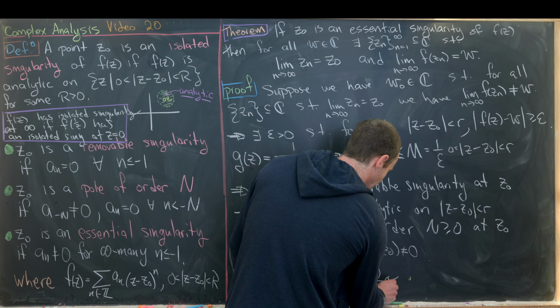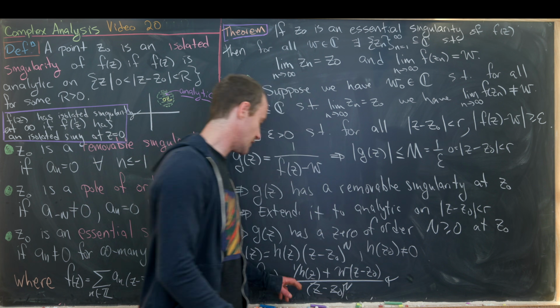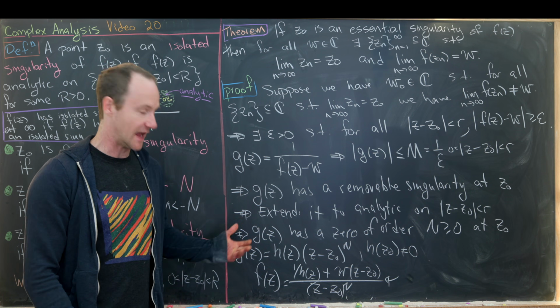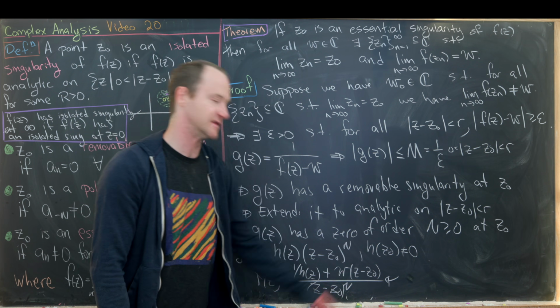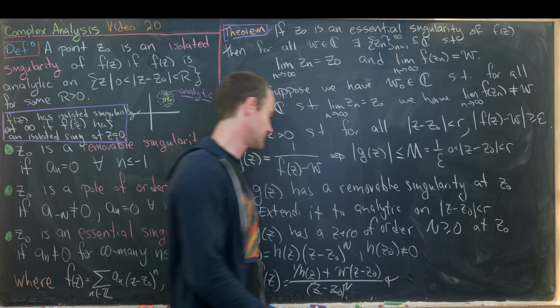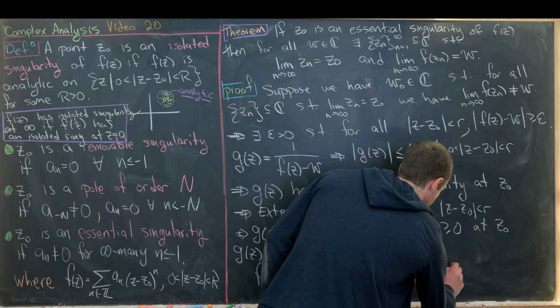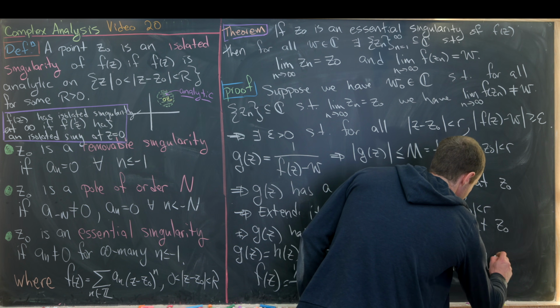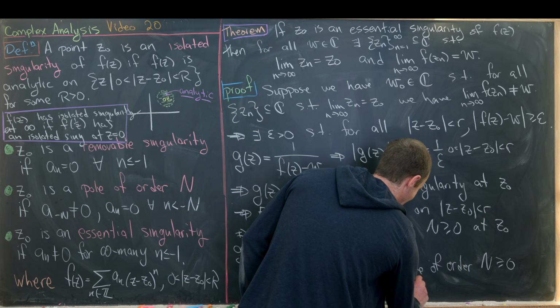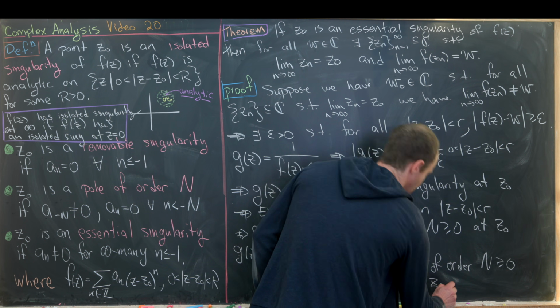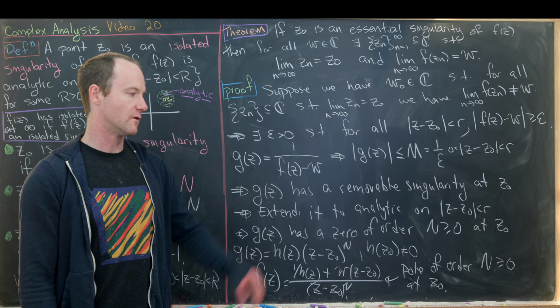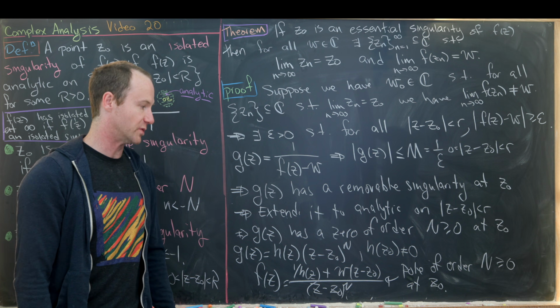But just by the look of this, we know that 1 over h of z is analytic at z naught. That's because h of z naught is not equal to 0, which means that this f of z has a pole of order capital N bigger than or equal to 0 at z naught. So a pole of order 0 would be like a removable singularity.